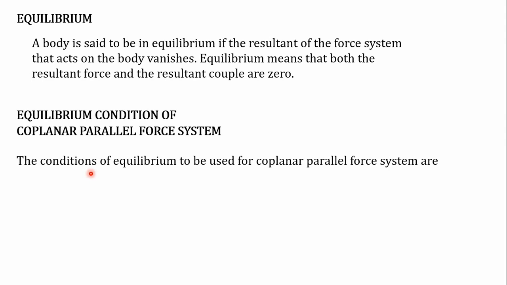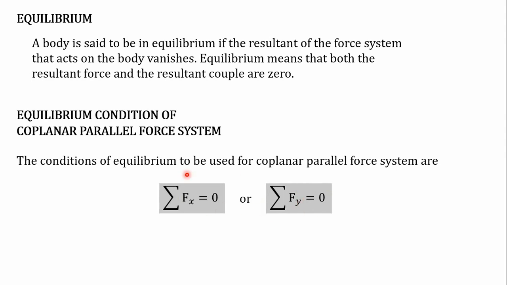So the condition of a coplanar parallel force system are: summation of Fx is equal to 0 or summation of Fy is equal to 0. Pili lang tayo dito class, no? Na anong dapat natin gamitin.